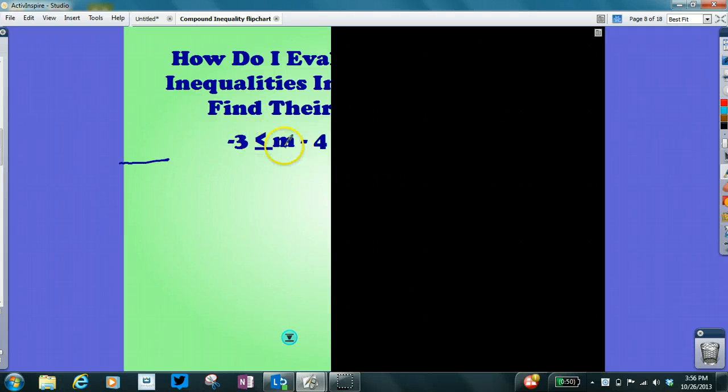Well, when I do that, I know I need to get m by itself, just like I would with any regular inequality. In order to do that, in this case, just add my 4. Negative 3 plus 4 is going to give me 1. It's going to be less than or equal to m. That's one of my solutions.